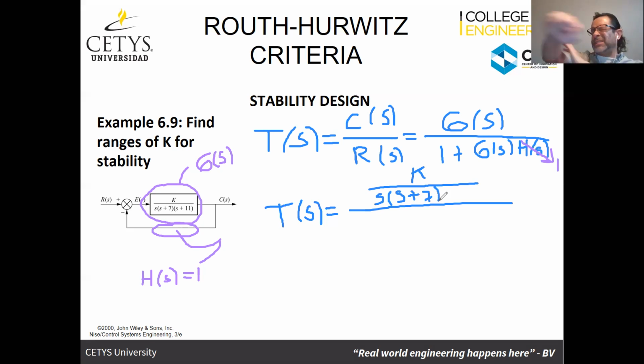I'm patient with my writing. My arm really hurts. And S plus 11. And on the denominator, we're going to have 1 plus S times S plus 7 times S plus 11.